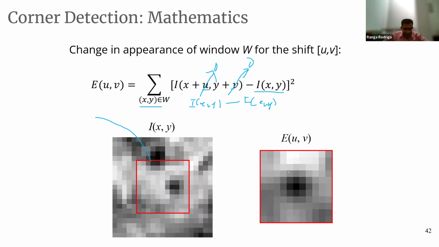That's why when both u and v are equal to 0, this is the dark pixel, 0. So if you move the window around, you get different values. For example, at 3, 2, that is, the window has been moved by 3 and 2, you get a value.